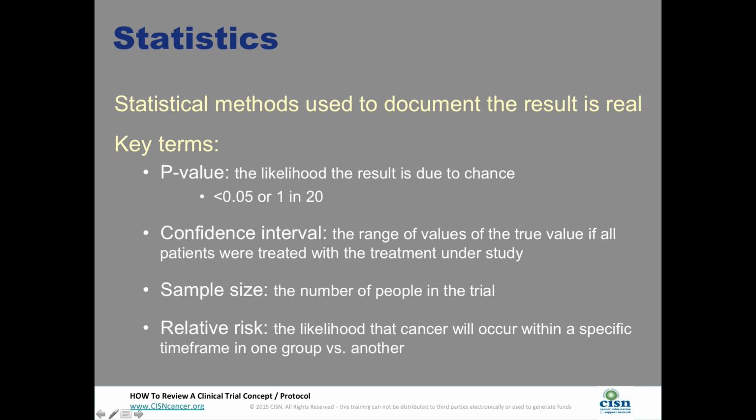You want to make sure that whatever you're doing is not due to chance, but is actually due to the intervention. So that's what that p-value is. Then we've got confidence interval, sample size, and relative risk. Those are all key terms, and they're here. You can look through them. We're not going to spend a lot of time on them. Patty will talk a little bit more of those in the clinical trials section.